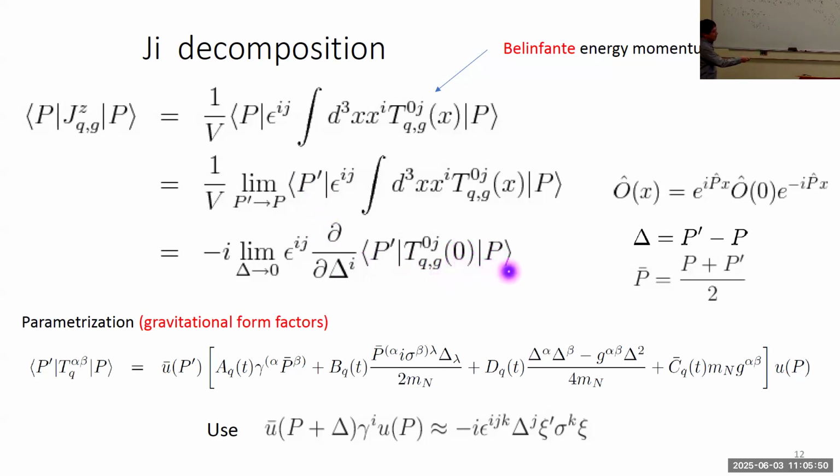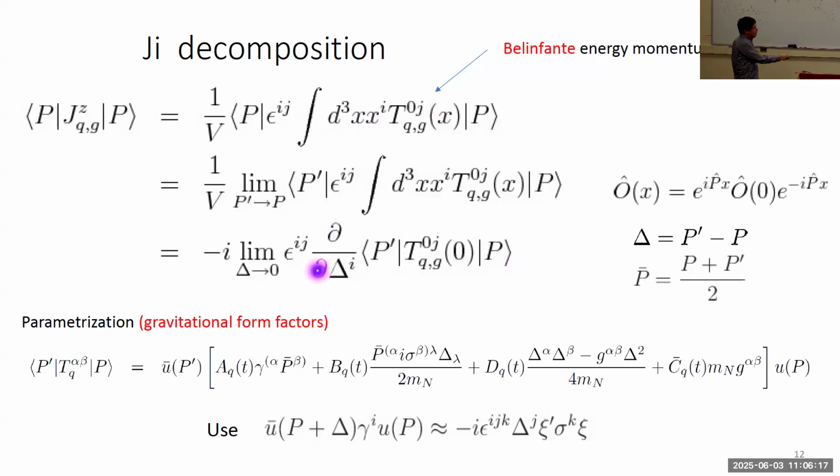So you compute the forward matrix element, take a derivative with respect to delta, and set delta equal to 0. This is how you're going to calculate this matrix element, because there's an explicit factor of x^i, and that makes things complicated. So you want to get rid of that. Basically, you replace this x^i with the derivative with respect to delta.